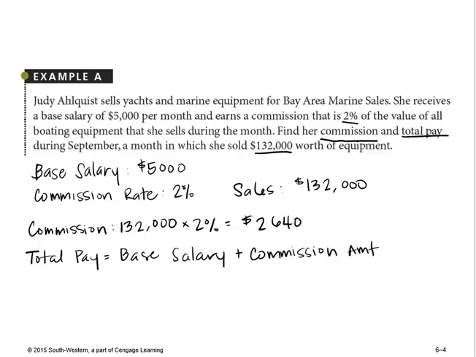So her base salary is $5,000. And the commission amount that we just calculated is $2,640. So this tells me that my total pay for her is $7,640.